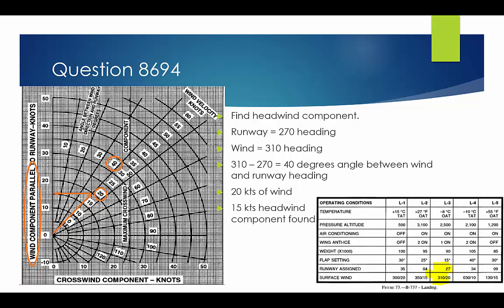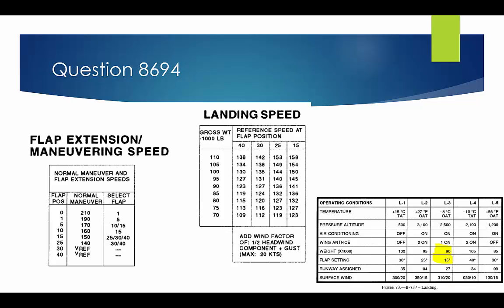Now let's take a look at the actual chart where we can find the VREF. The flap extension and maneuvering speed is shown, as well as landing speed, and reference speed is given here, as well as the gross weight. We're not even going to pay attention to the flap extension and maneuvering speed chart. We're only going to look at this landing speed chart and the reference speed that's given here.